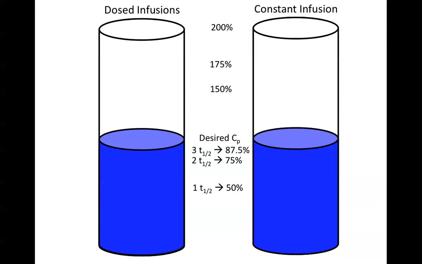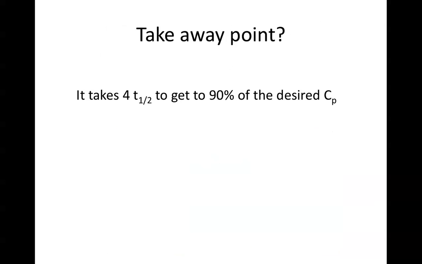The reason why I gave the illustrative example on the left here is the math actually ends up being the same. What I mean to say is if you just start someone out on a constant infusion of the maintenance dose, it'll take 3 half-lives of that drug to get to 87.5%. The takeaway point is that it takes 4 half-lives to get to at least 90% of the desired plasma concentration.